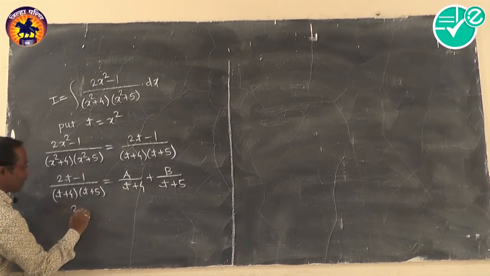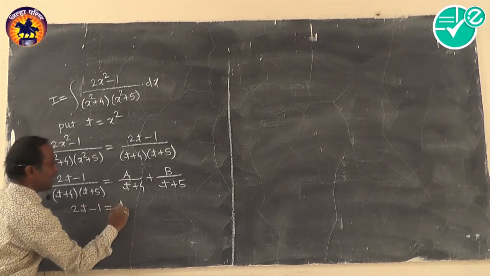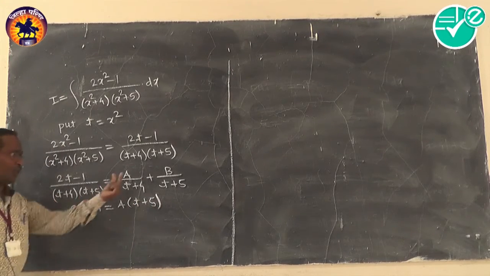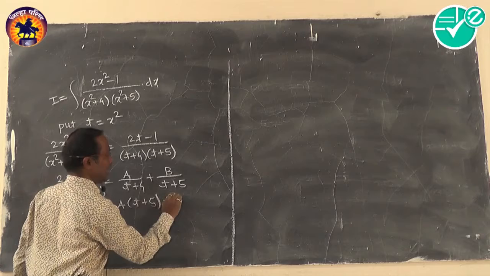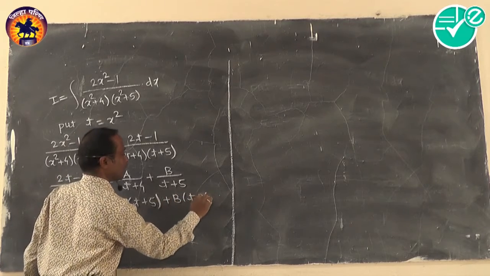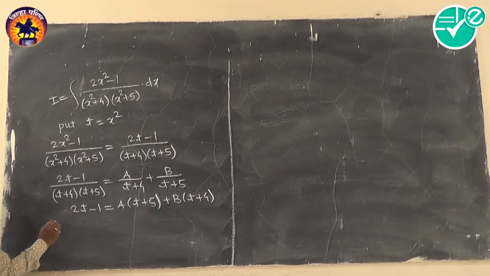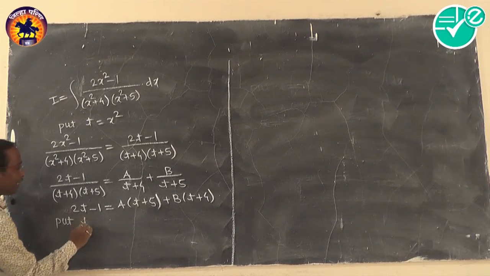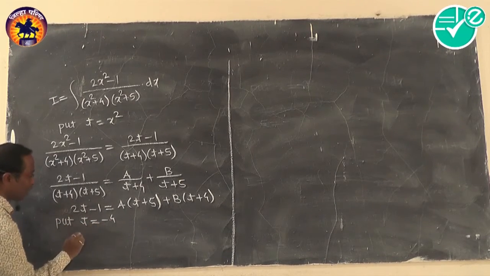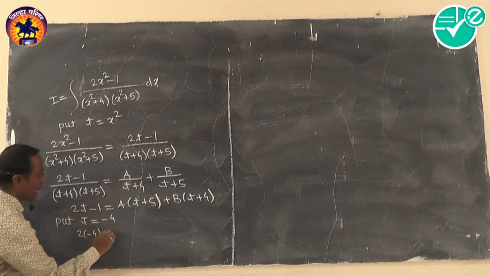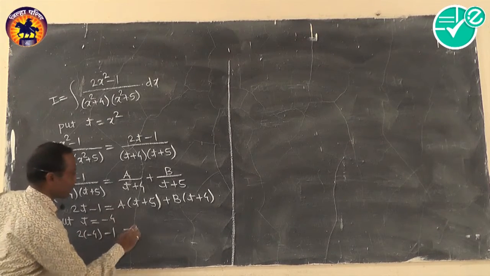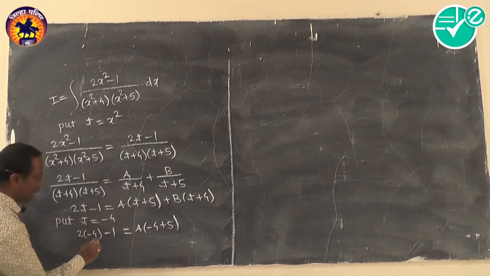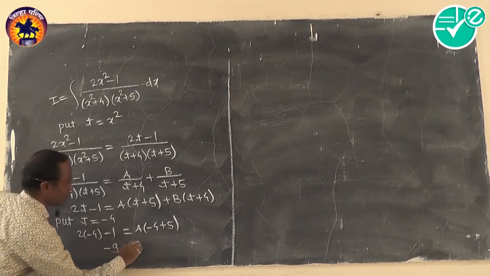So 2t minus 1 is equal to a into t plus 5 plus b into t plus 4. We want to find the value of a. For finding the value of a, put t is equal to minus 4. 2 into minus 4 minus 1 is equal to a into minus 4 plus 5. We get minus 9 is equal to a.